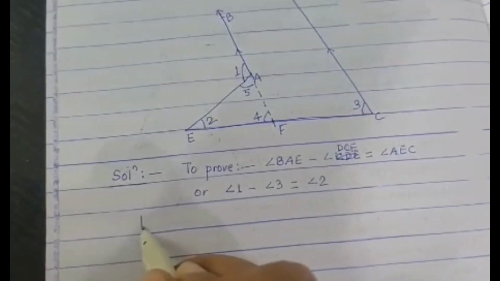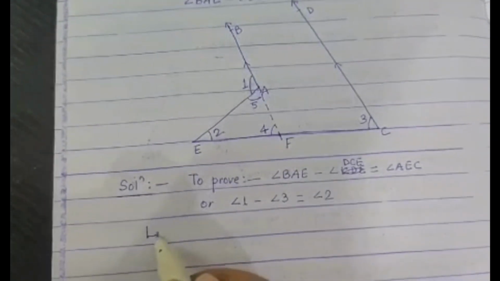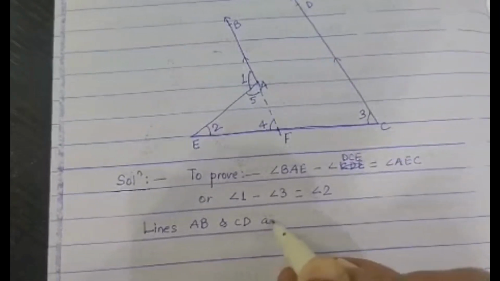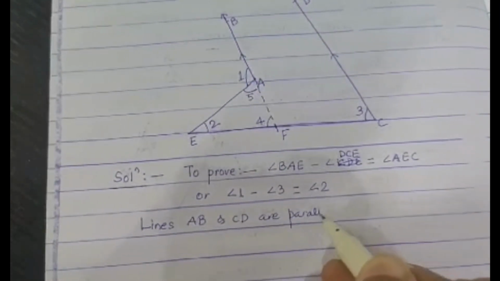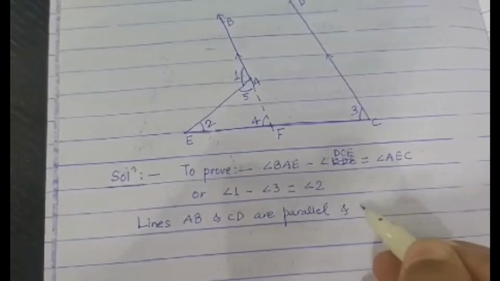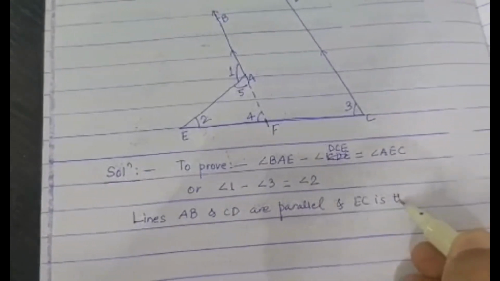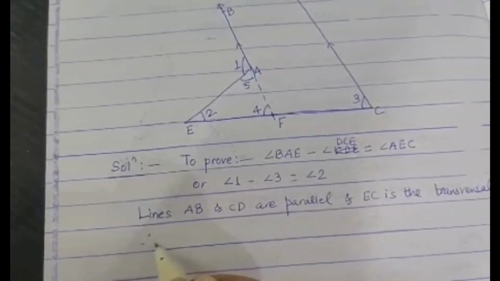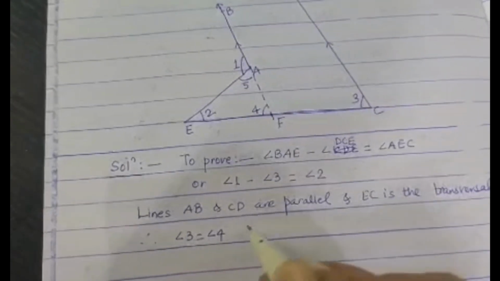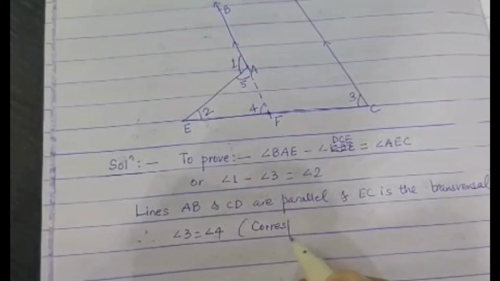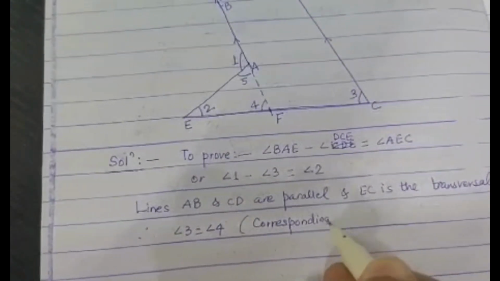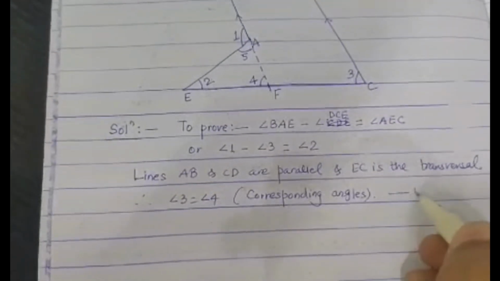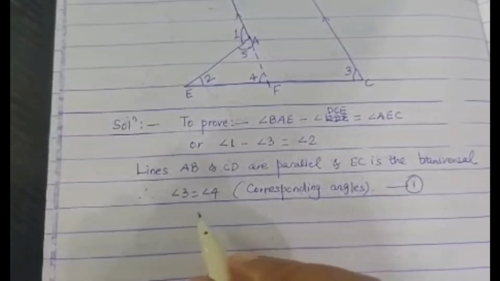So we can write like this, lines AB and CD are parallel, and EC is the transversal, therefore angle 3 is equal to angle 4. These are the corresponding angles. Let us write it as equation 1, angle 3 equal to angle 4.